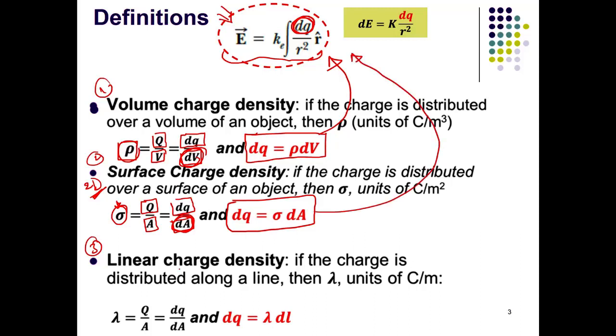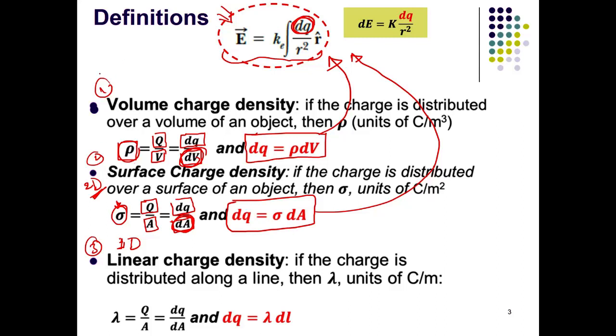In the one-dimensional case, think about a hair or a rod with no thickness. It doesn't matter if it is long or short, a rod with no thickness that is charged.